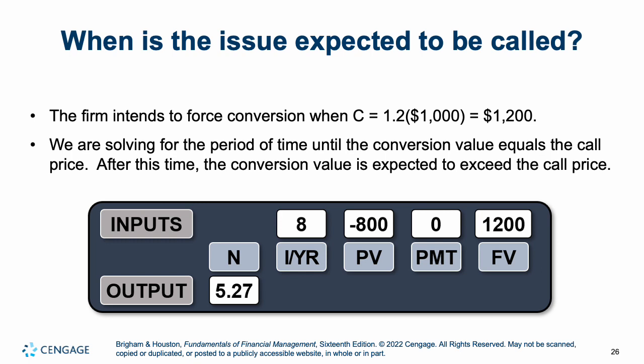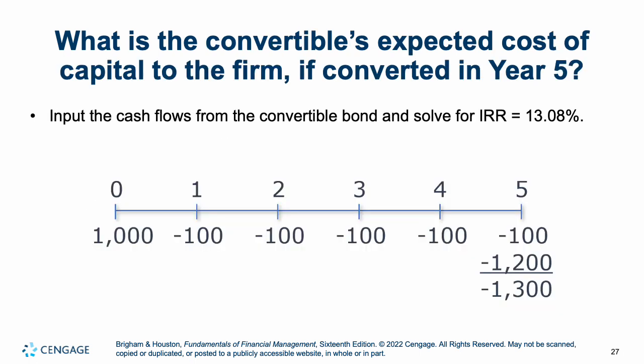So we start with a PV of 800, interest of 8% per year, future value of 1,200, and it would give us an N of about 5.27 years. So what that means is in a little over 5 years, the company is going to call back these bonds and convert them into stock.